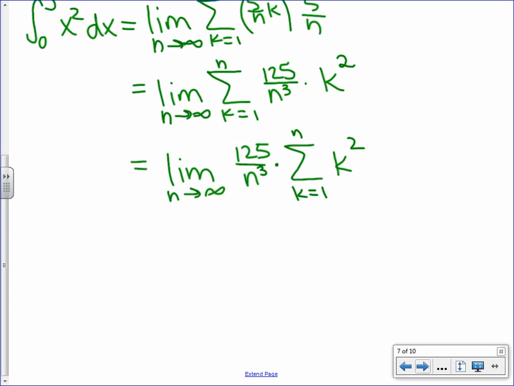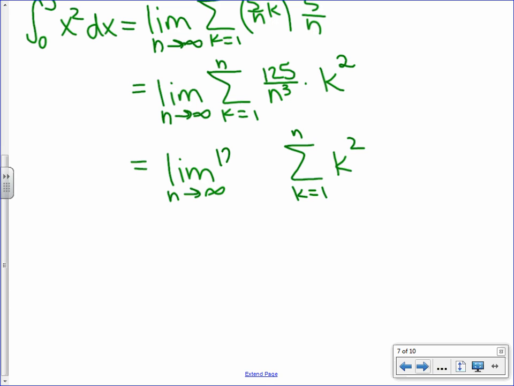What's the limit as n goes to infinity of the sum from 1 to n of k squared? What was that? 1/3? Multiply by 125. Yes, you were right.